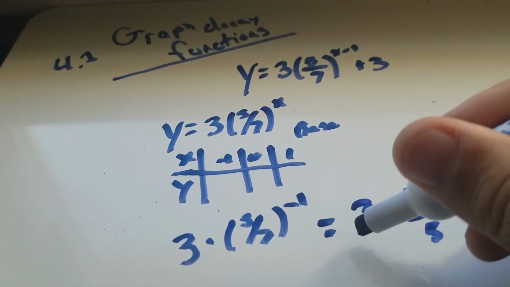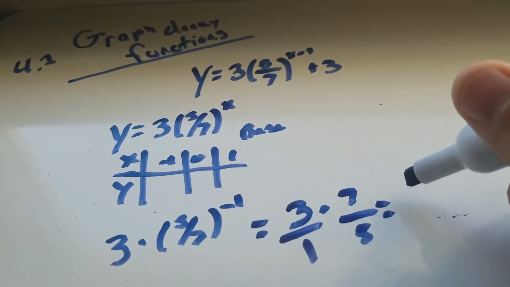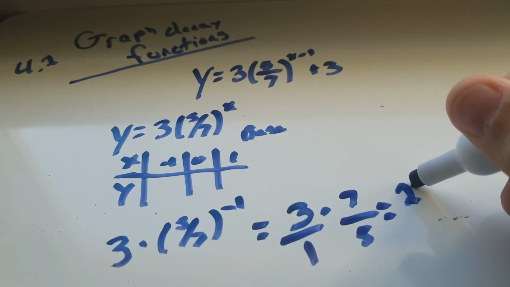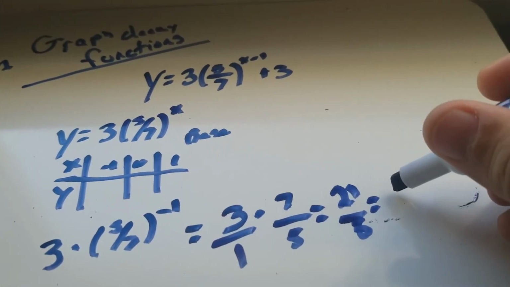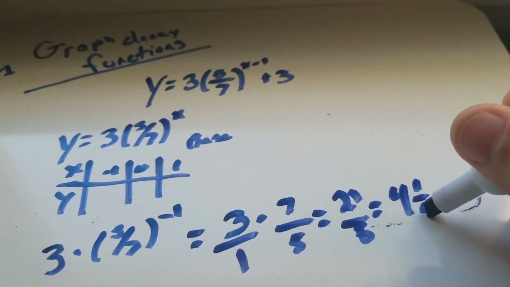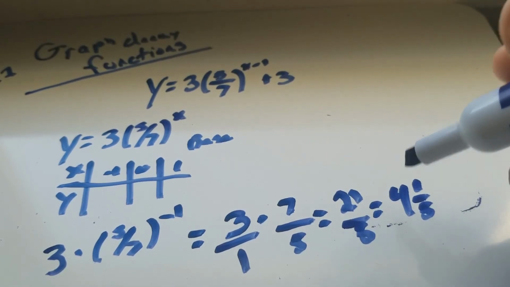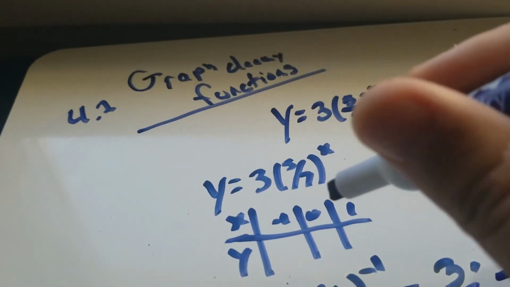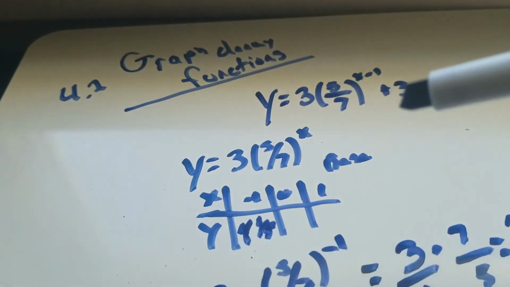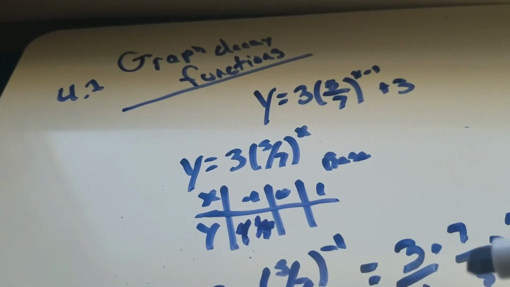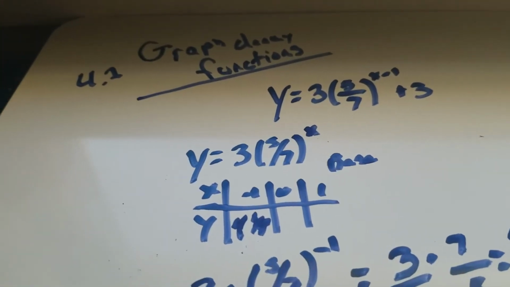Now 3 could be written as 3 over 1. So my final answer here is 21 over 5. I can reduce that, if you wish, to 4 1/5. And if you want that as a decimal, that should be 4.2. I'm going to leave it as a mixed number. So that's 4 1/5, which is 4.2.